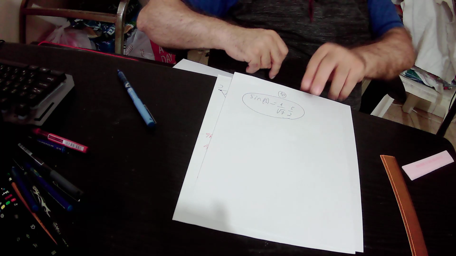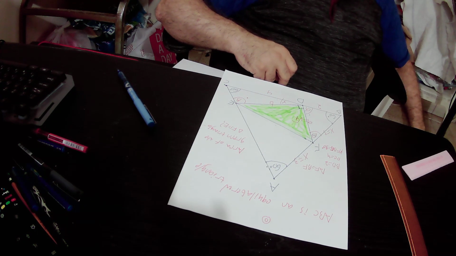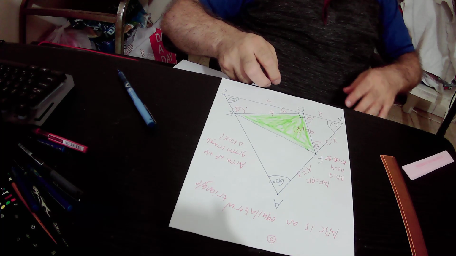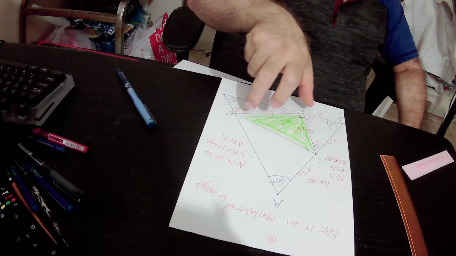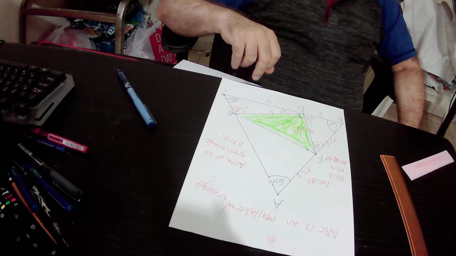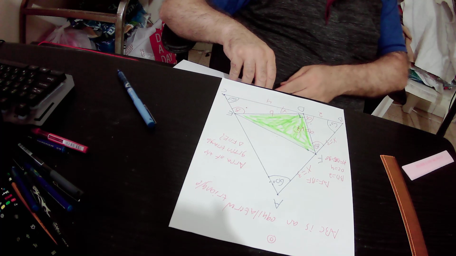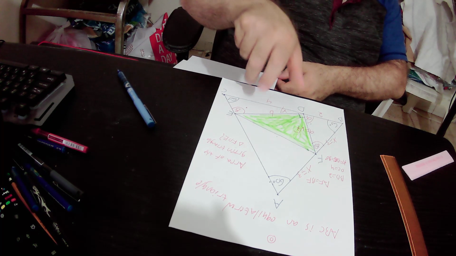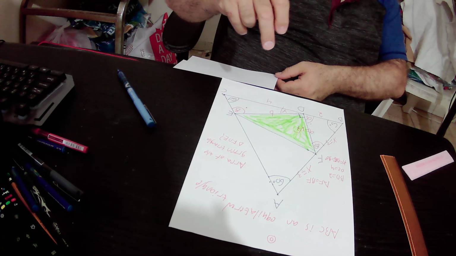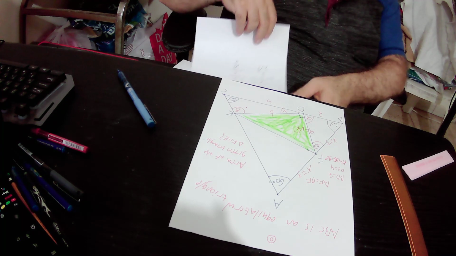Okay, after we got the value of sin beta, we implemented the law of sines in triangle DEC in order to find the value of B. According to the law of sines, in the small triangle DEC, DC over sin beta equals DE over sin 60 degrees.